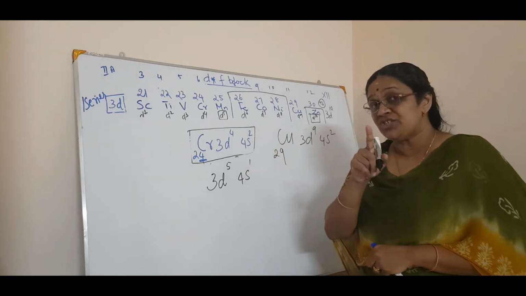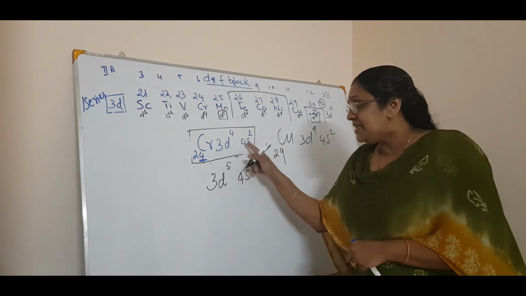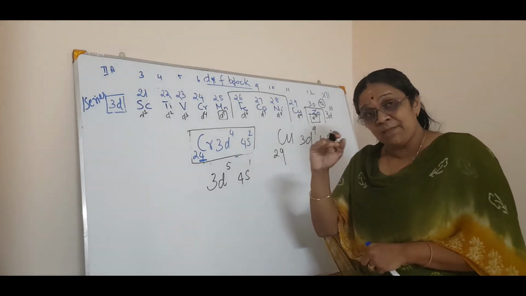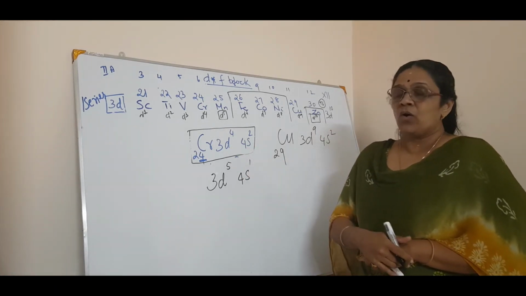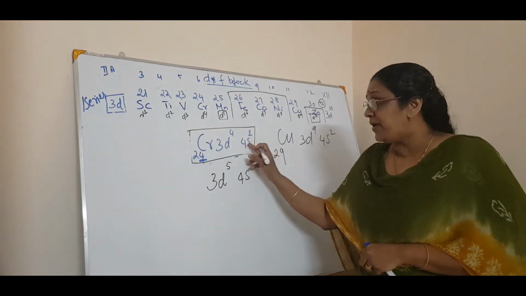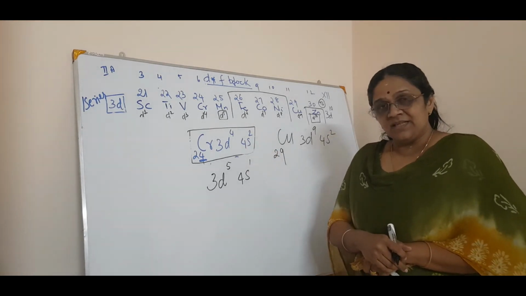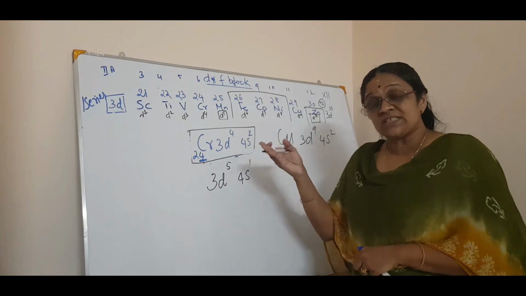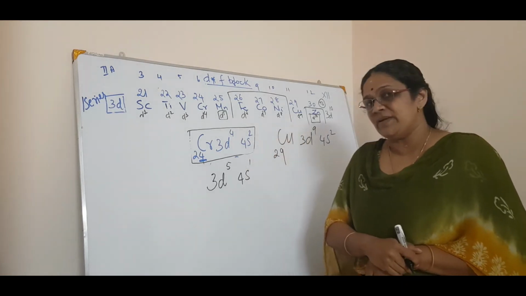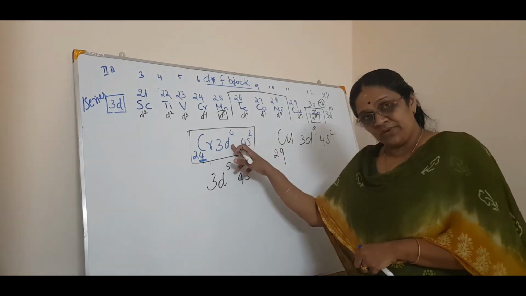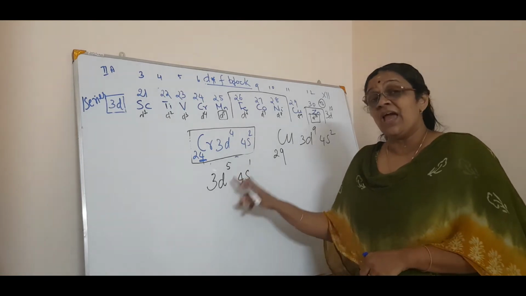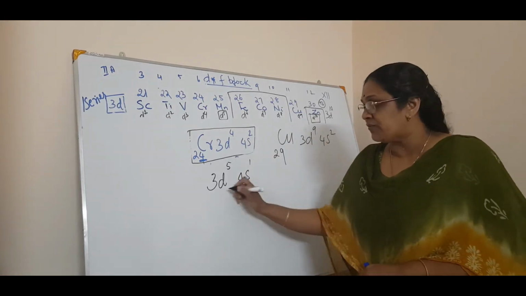And I told the logic: since these two orbitals have the same energy or only a small energy gap between them, what happens? The s electron can jump into the d orbital, isn't it? So it jumped and then it forms d5. And why did it jump?